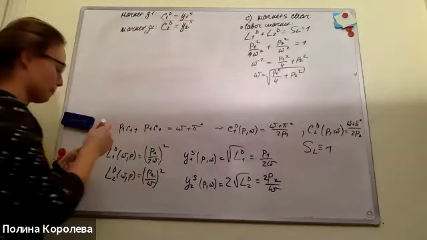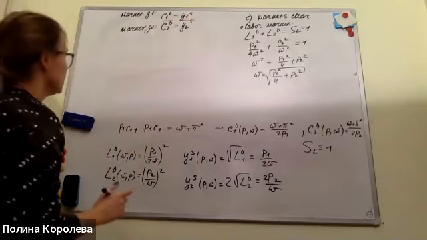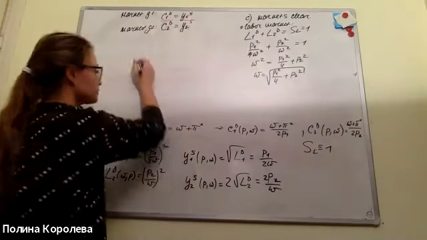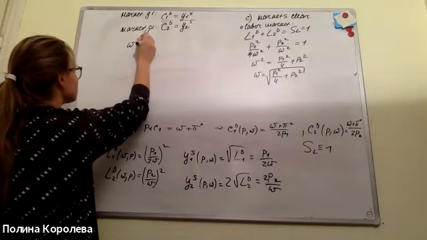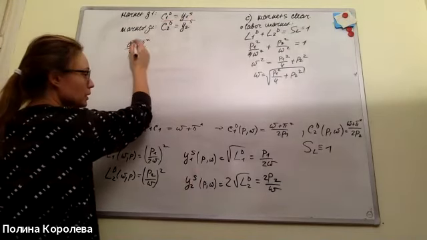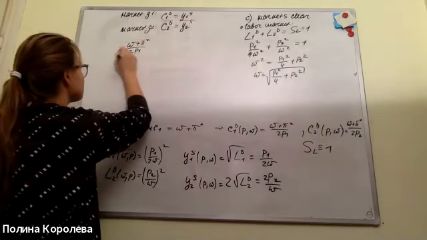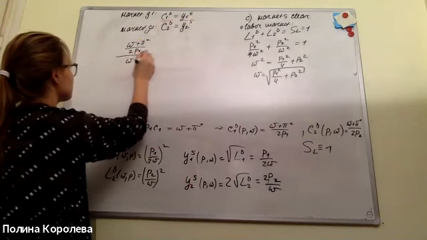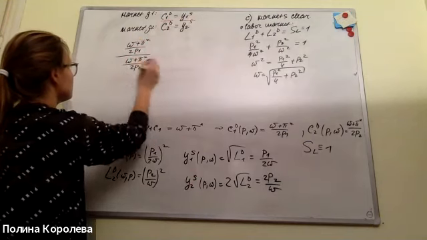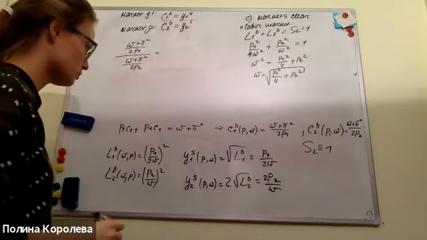Like this. What will we get? V plus profit over 2P1 divided by V plus profit over 2P2 equals Y1S divided by Y2S.